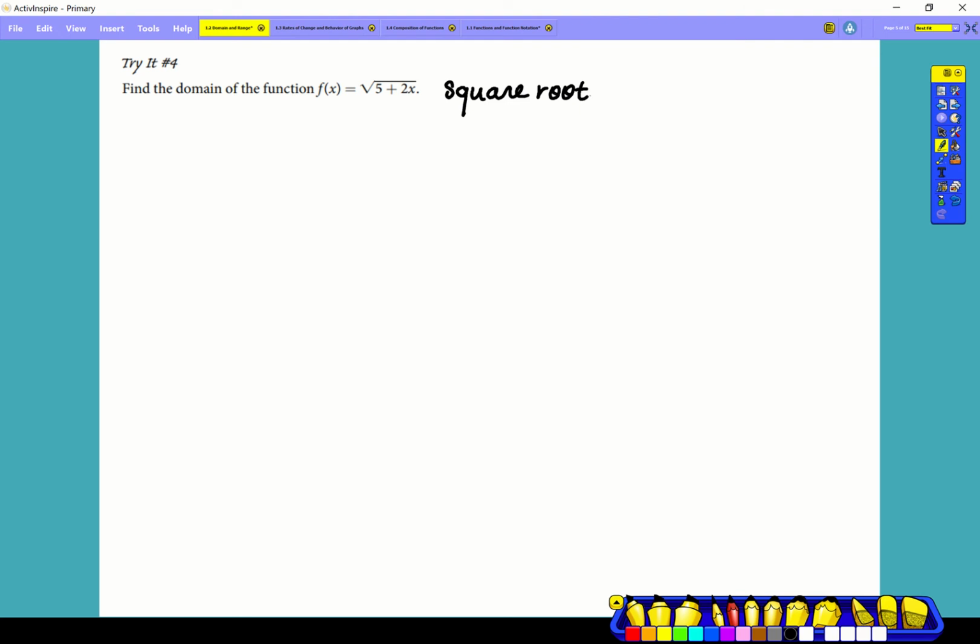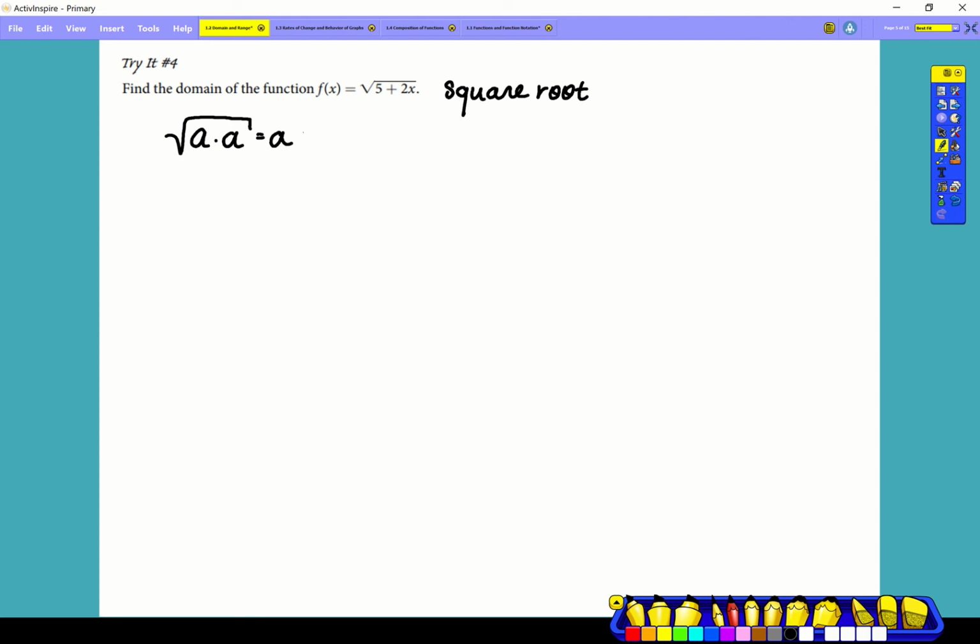A square root is when you take one number multiplied by itself to get that number again. So it's when you take this. That's kind of what that means.